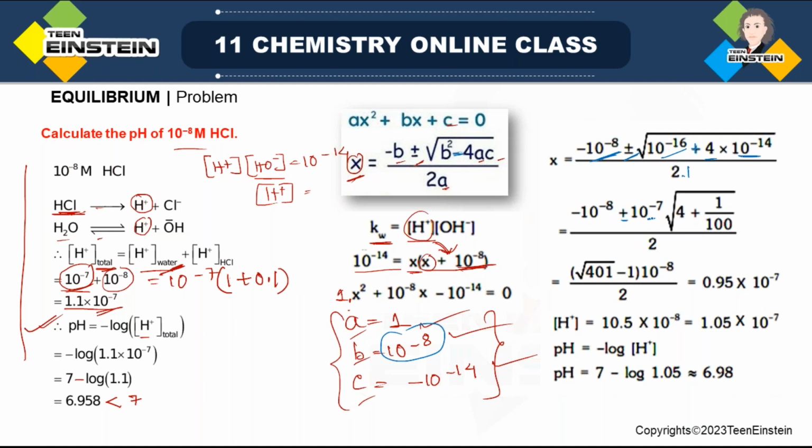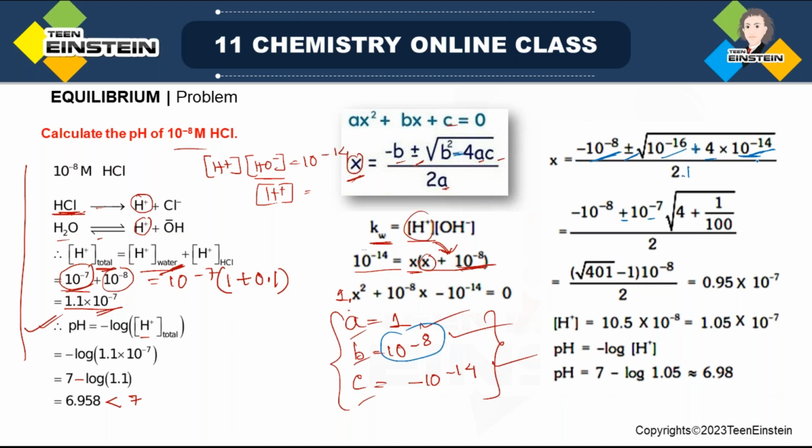10 to the power minus 7, you can bring it out of the root because it is common, and inside there will be 1 divided by 100, which is nothing but 10 to the power minus 2. Basically here 10 to the power minus 14 you have to take common, but as it is out of the root, ultimately it will be 10 to the power minus 7.